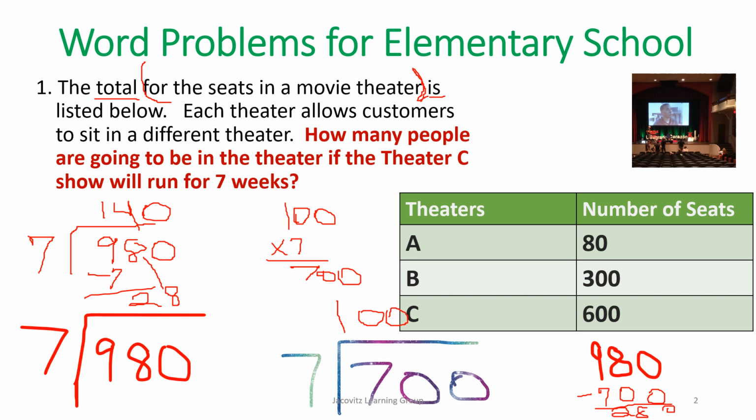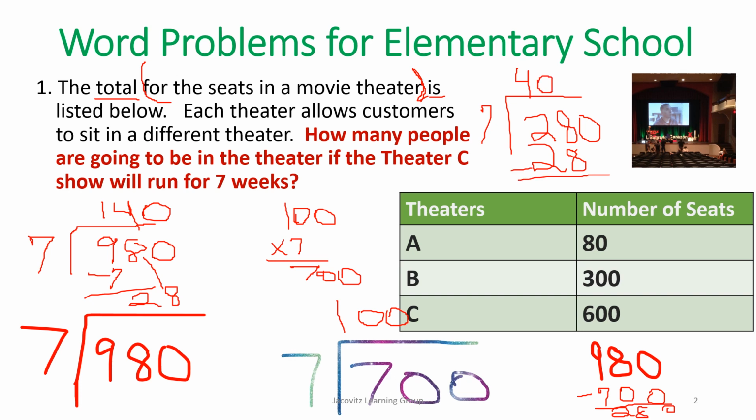And 7 into 280 is what? What's missing? 40. So 7 into 28 from their basic timetables is 7 times 4 is 28. And this was 280. So all we're doing is adding a 0.